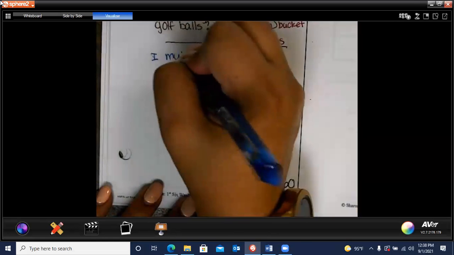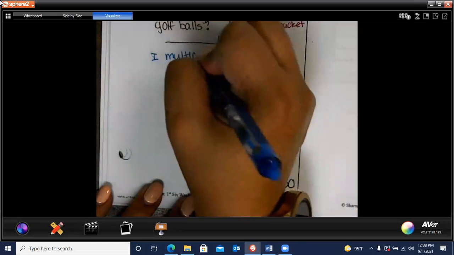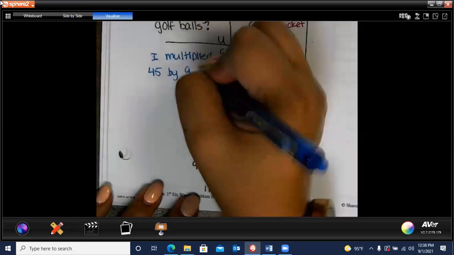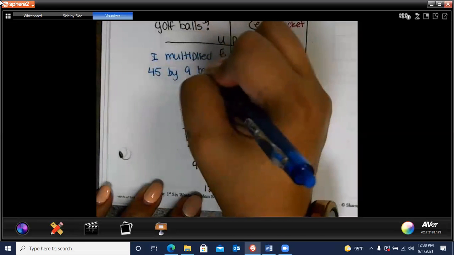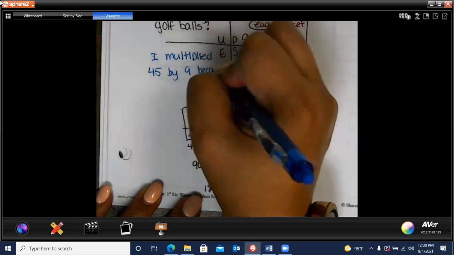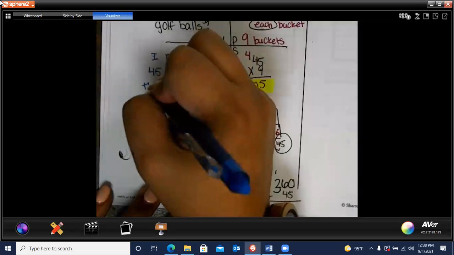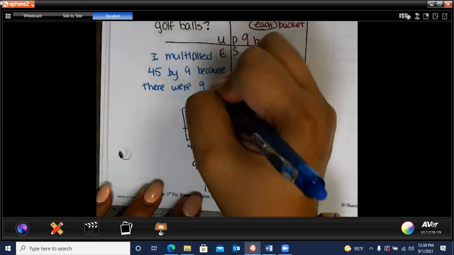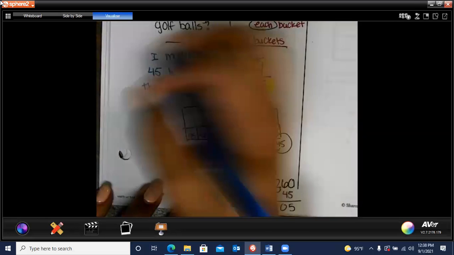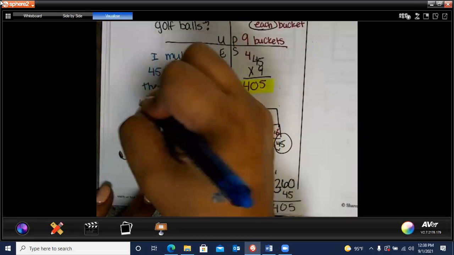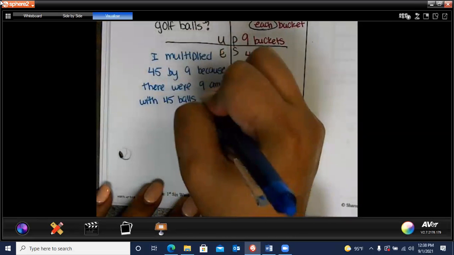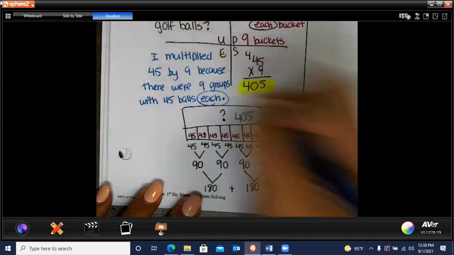I multiplied 45 by 9 because there were 9 groups with 45 balls each. Period. Clue word each is the multiplication.